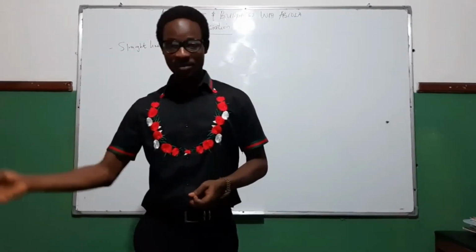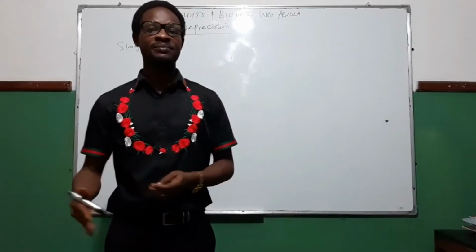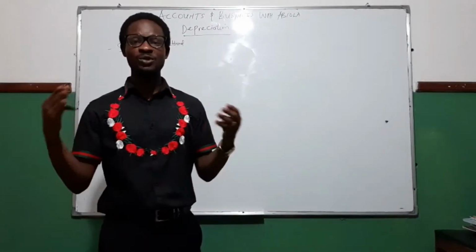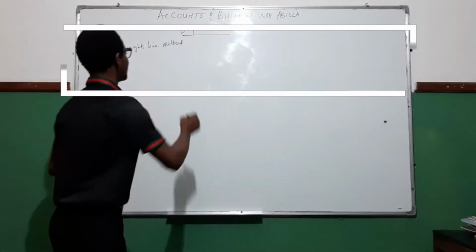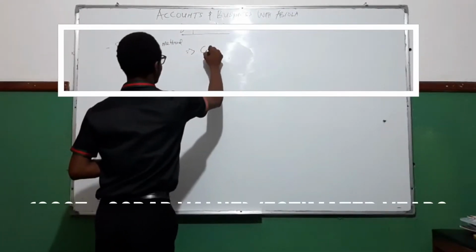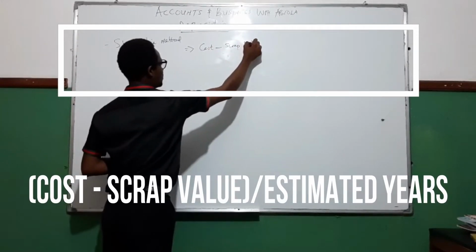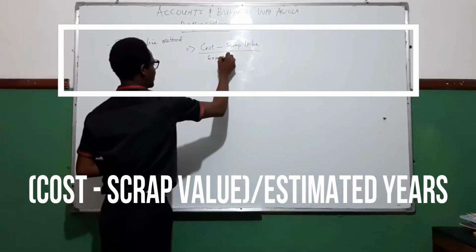Hence, that percentage will be multiplied by the cost. However, if there is no fixed percentage prepared or being used by the business, the formula to use for straight line method is cost minus scrap value, all over expected number of years.